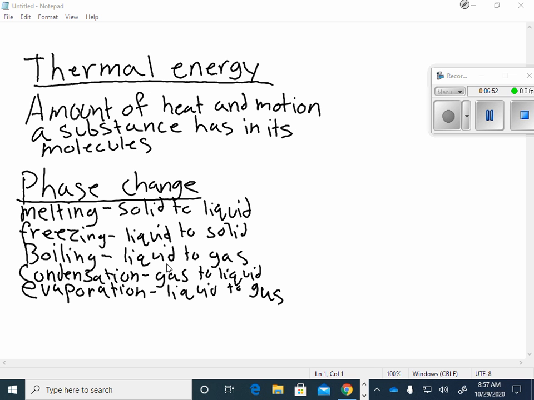So if I were to take a little bit of this liquid and put it on the table like that, eventually it will turn into a gas. But it's not because thermal energy is being added to it, it's because the surface of the liquid is just slowly turning into gas. Some liquids can do that, others cannot.